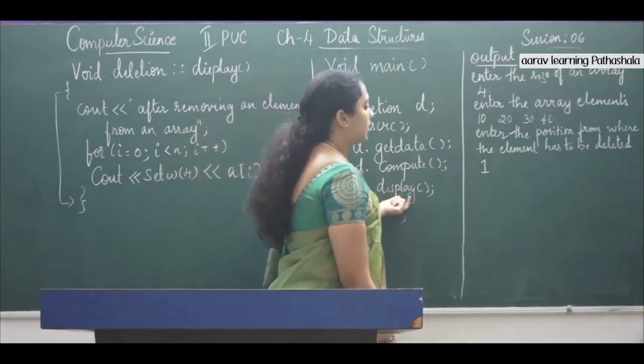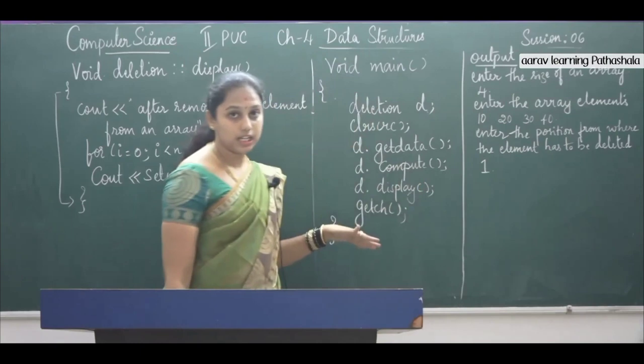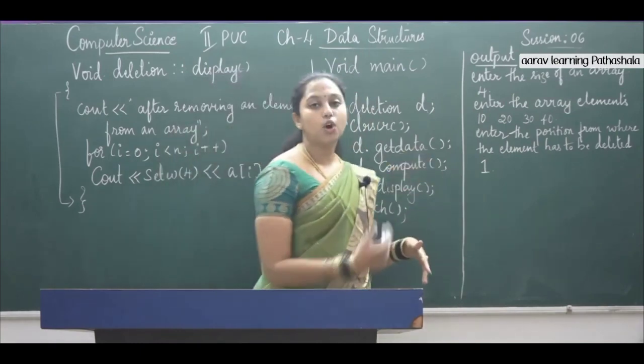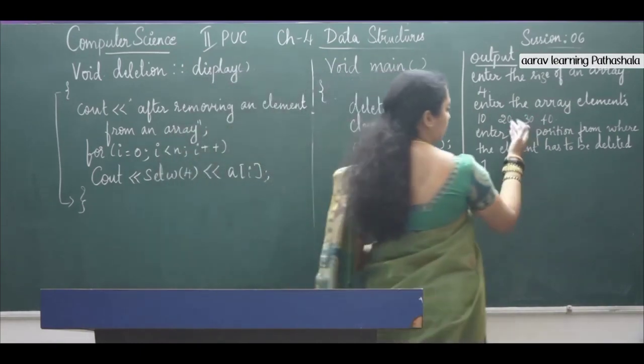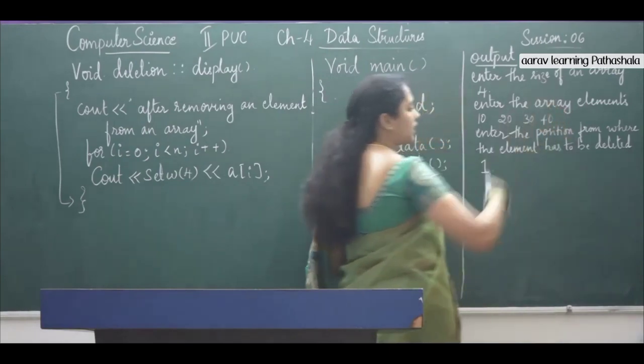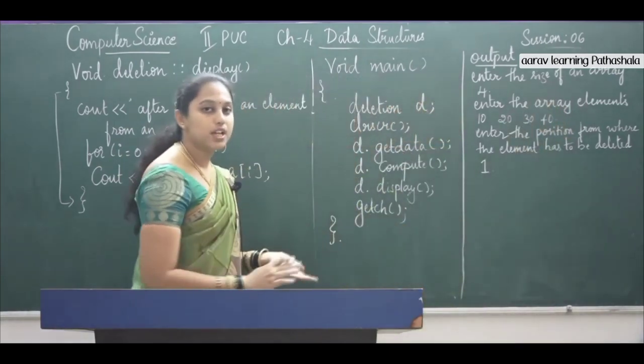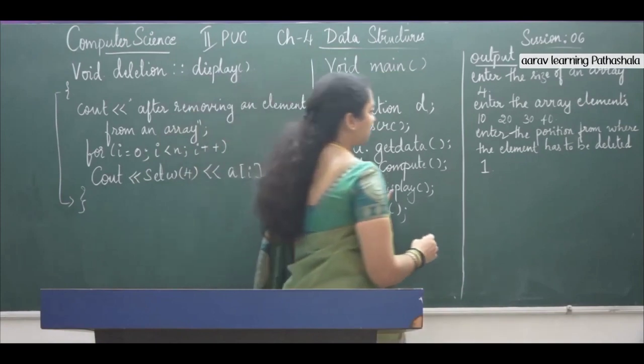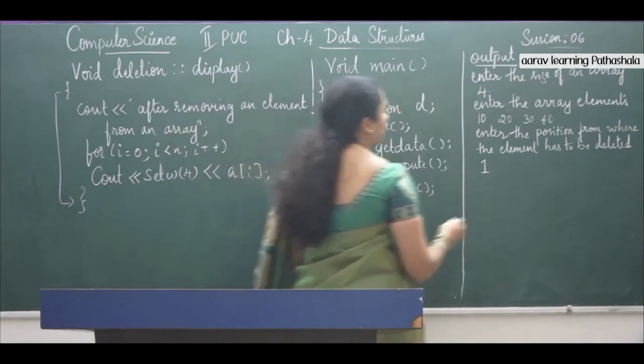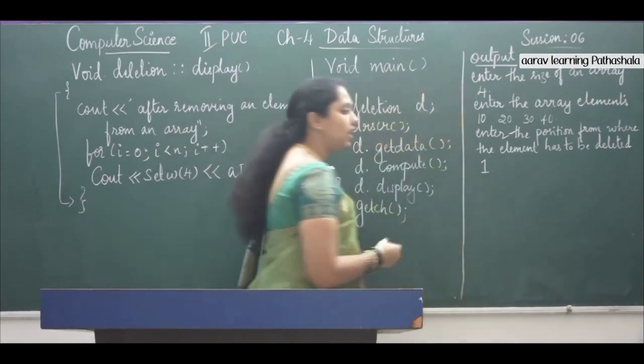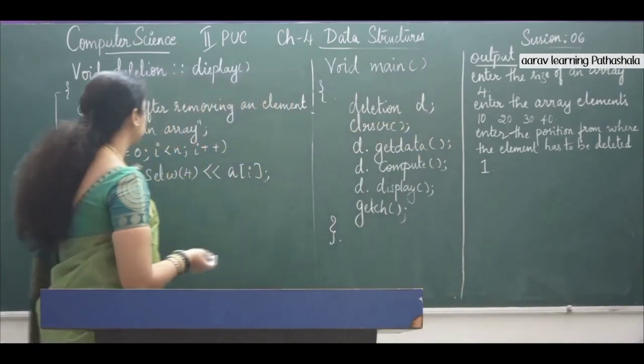Next, in the display function, after deleting an element, it will shift all the elements from the deleted position till the last element. It will shift the elements to its lower order positions. So in the display function, we are going to display the elements after deletion.